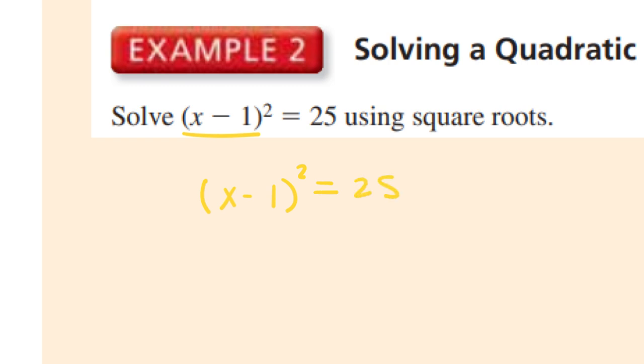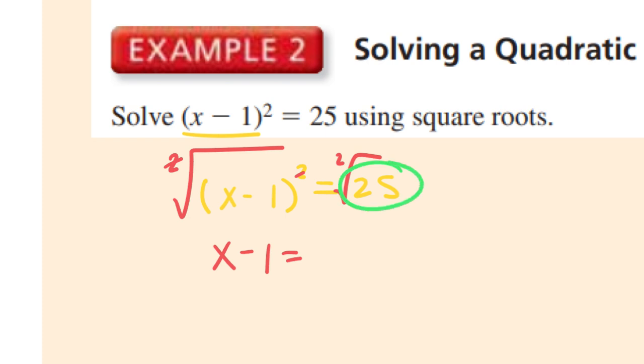I'm going to square root this, which gives me x minus 1, because remember, there's an imaginary 2 in this index, which means these are going to cancel out. We have x minus 1 equals, but before I determine that, d is going to be what? Greater than 0. So I'm going to have a plus or minus. So I'm going to have x minus 1 equals plus or minus the square root of 25, which is 5.